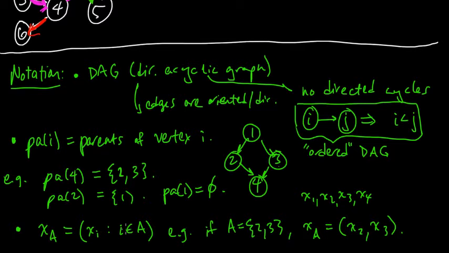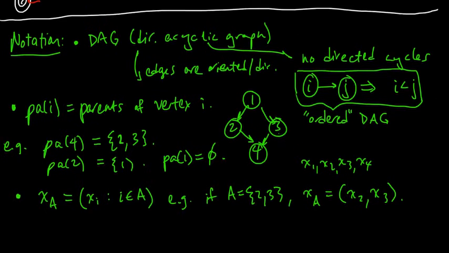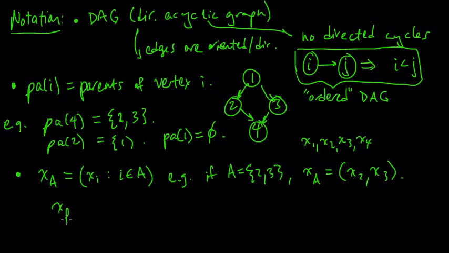And the way we're going to use this is where the parents are this set A. So for this one, x sub pa of 4, x parents of 4, is just going to be x2, x3.